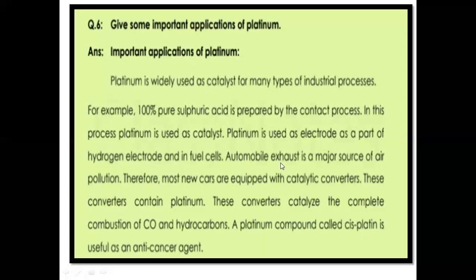Third, in automobile exhaust, as I told you, in the catalytic converter, which is equipment fitted in automobile engines, and that catalytic converter converts the harmful gases into non-harmful gases. And the fourth application is that a platinum compound called cisplatin is useful as an anti-cancer agent. So there are these four important uses of platinum.